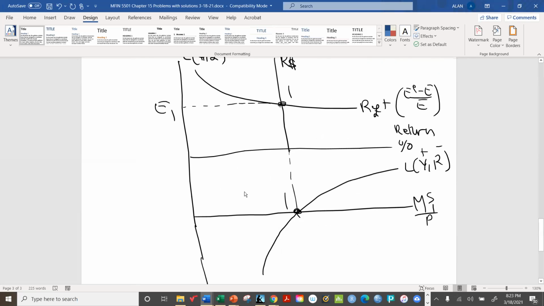So contractionary means the money supply shrinks. And in this graph at the bottom, that means the money supply curve shifts up. I'll call it MS2 over P, where the intersect is point 2, where we see a higher US rate of interest, which is what they're expecting.